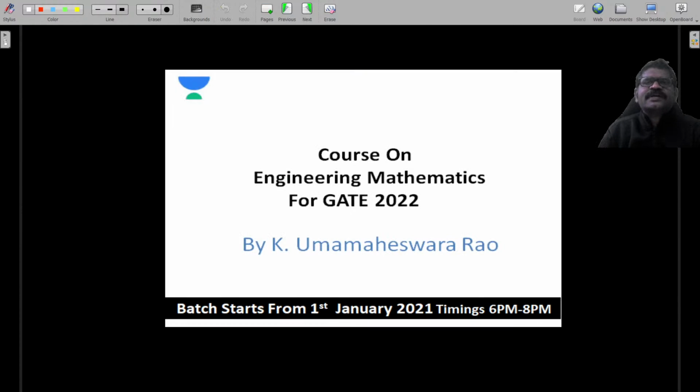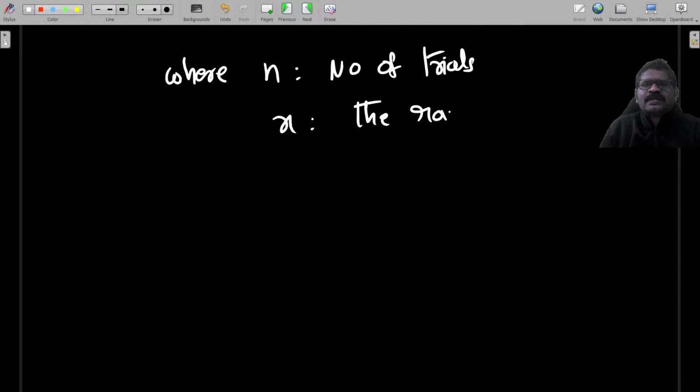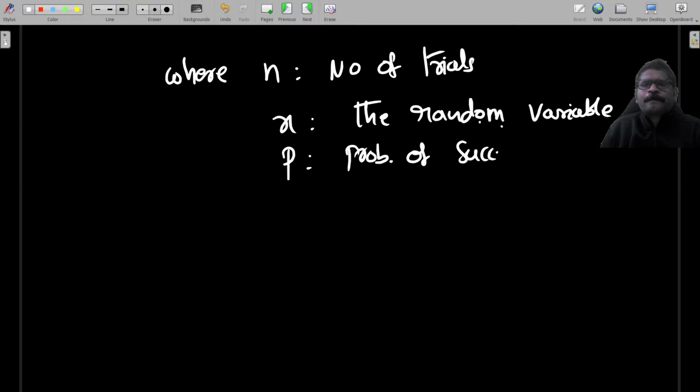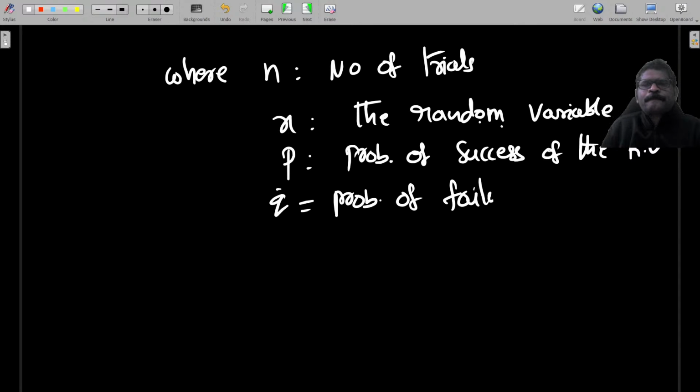n is the number of trials, x is the random variable, p is probability of success of the random variable, q represents probability of failure of the random variable.